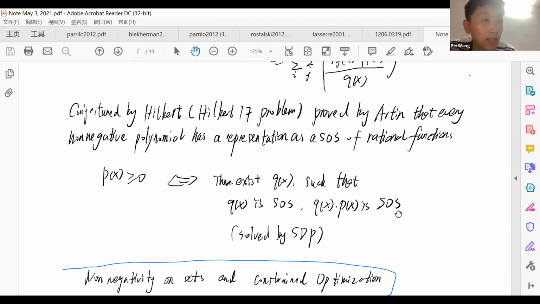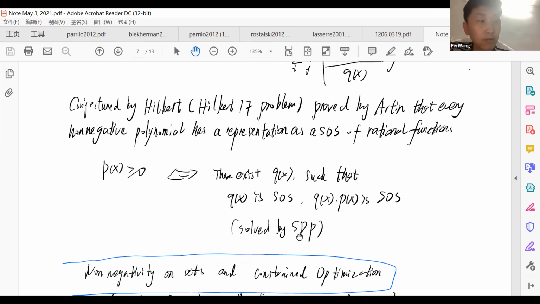Eventually, if p(x) is non-negative, then for a degree bound large enough, this problem will be feasible, i.e., this problem can be solved by an SDP solver. So this is the way to certify the non-negativity of a multivariate polynomial.